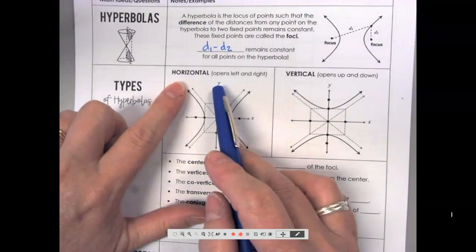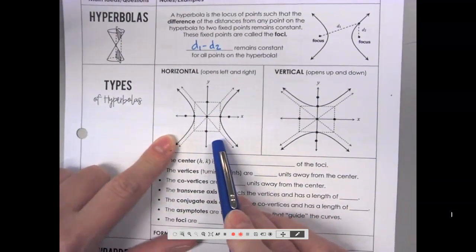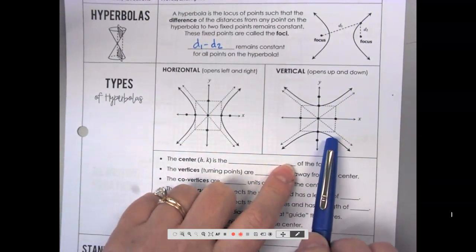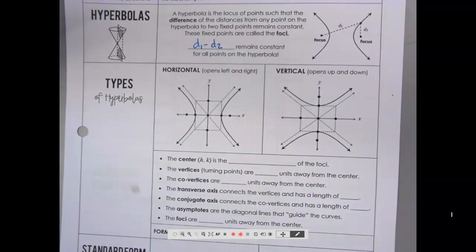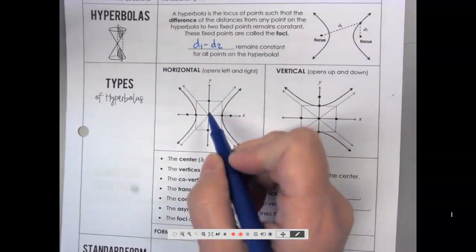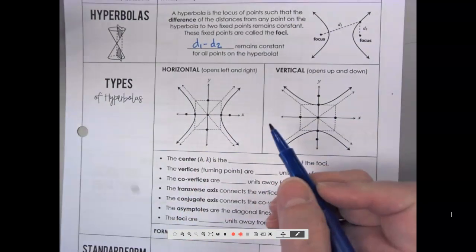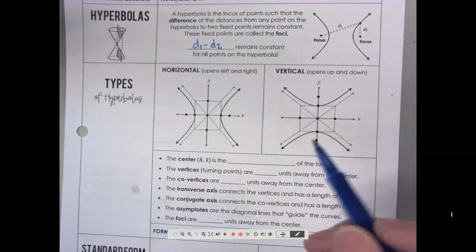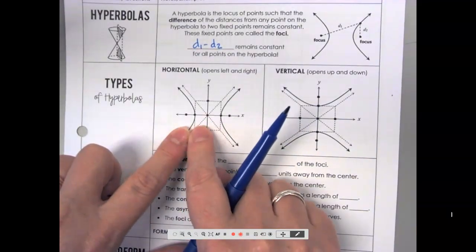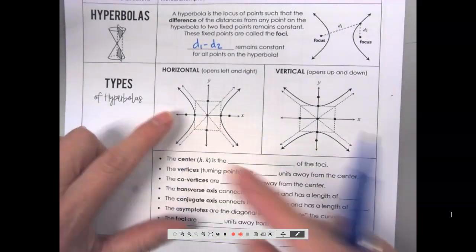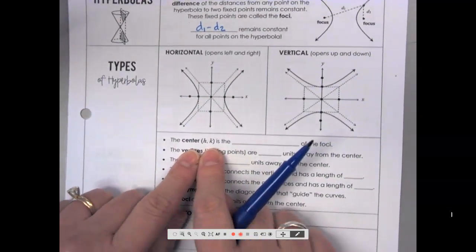Alright, so here's our horizontal, opens left and right. Here's our vertical, opens up and down. Alright, what do you think we call this point right here, smack dab in the middle? The center. Right? Now, this one is at the origin, you're right. They won't always be, but that will be our center point. And guess what we use for it?